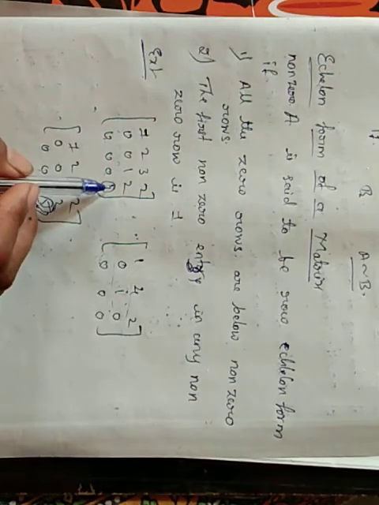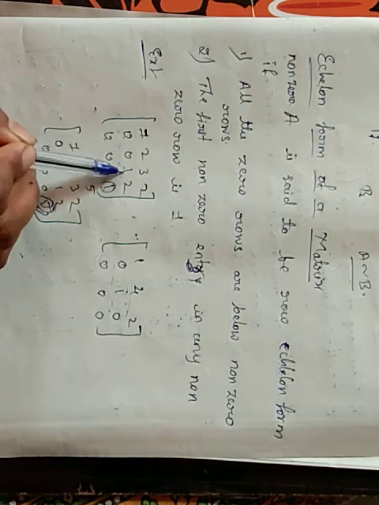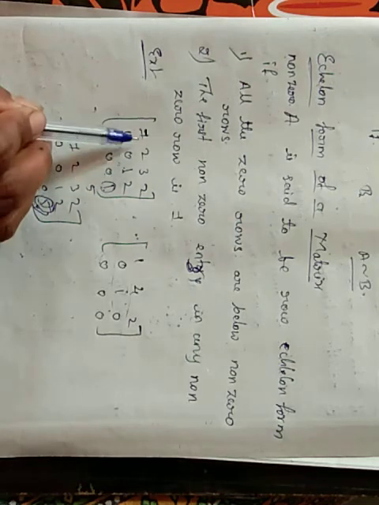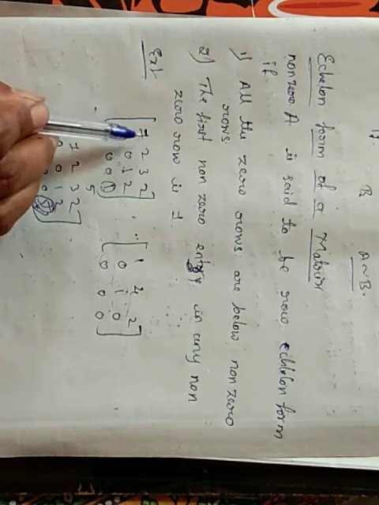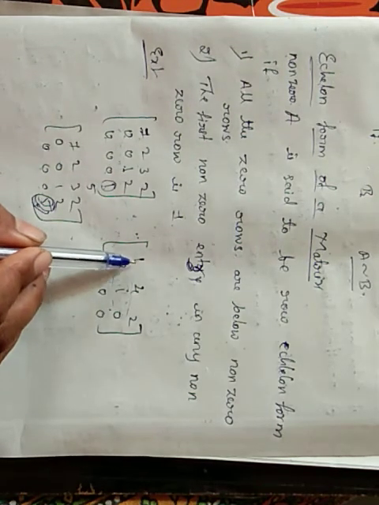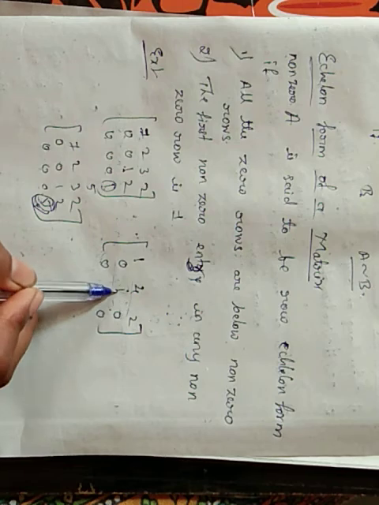If it is a 5, then it is not an echelon form. So the first entry of each non-zero row should be 1, and here they are all 1.